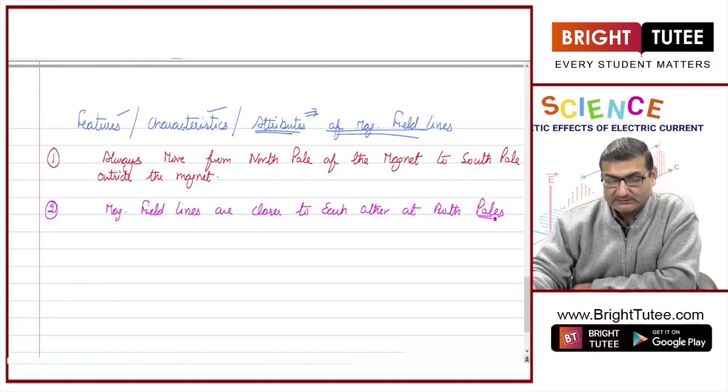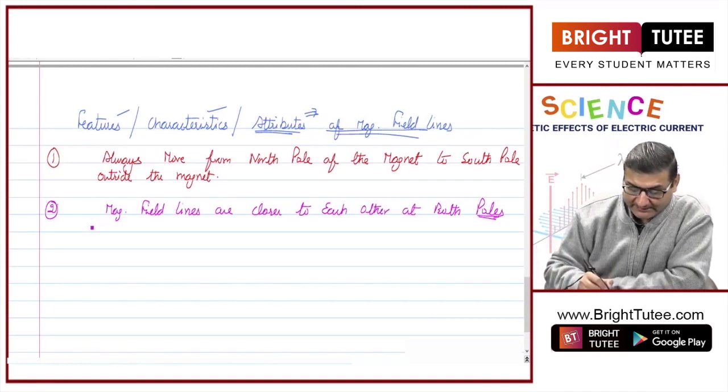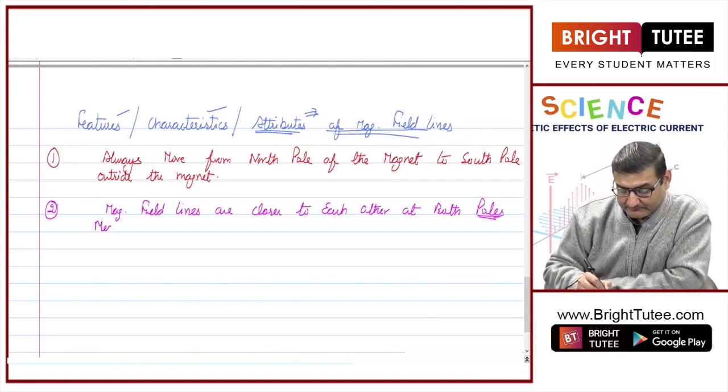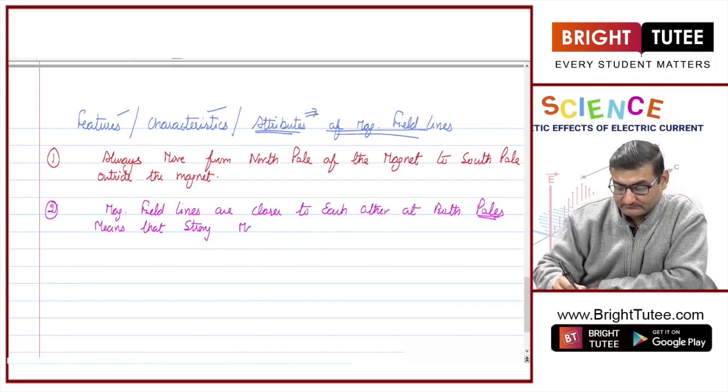At poles, these lines are closer to each other. And when I say that these lines are closer to each other, it means that a strong magnetic field is present at poles.